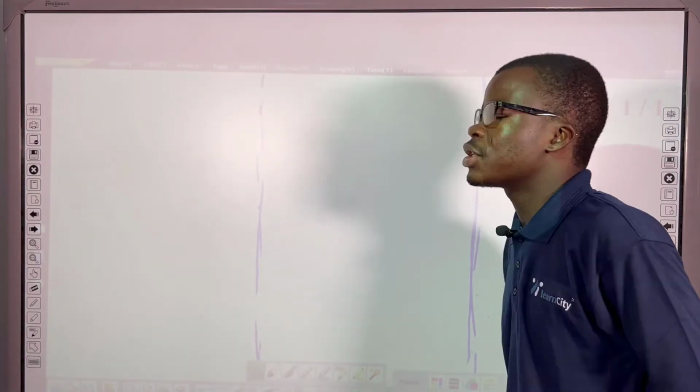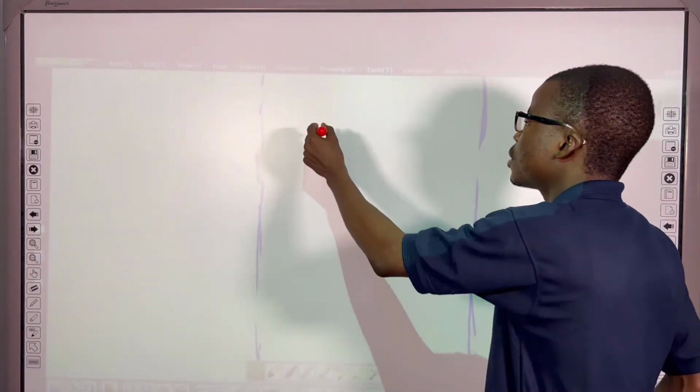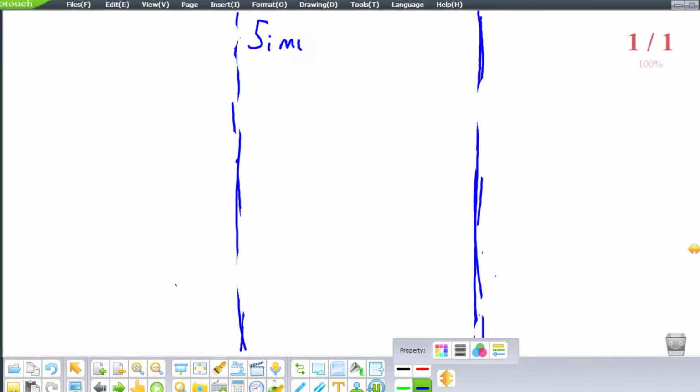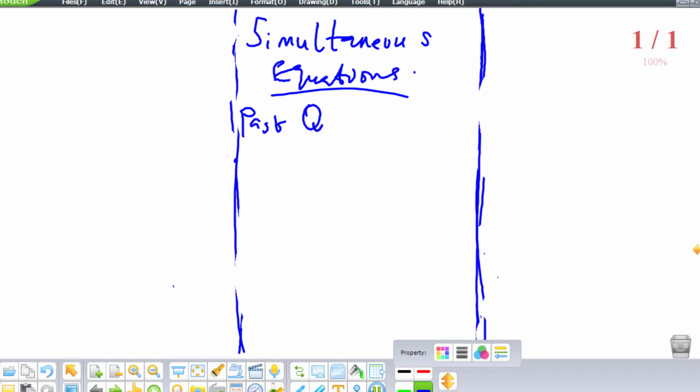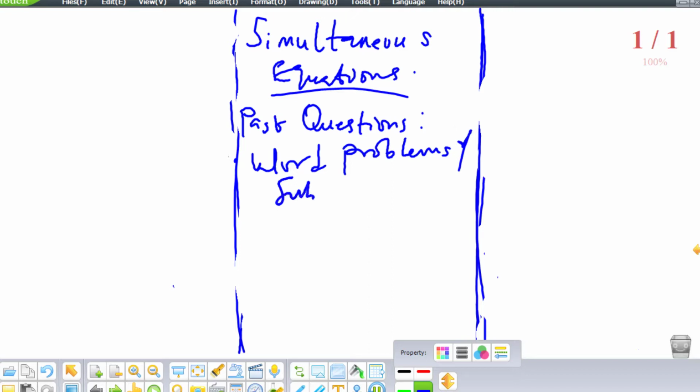Today we'll be taking a session on simultaneous equation. At the same time, we'll be looking at past questions on word problems, and subjects of formula.